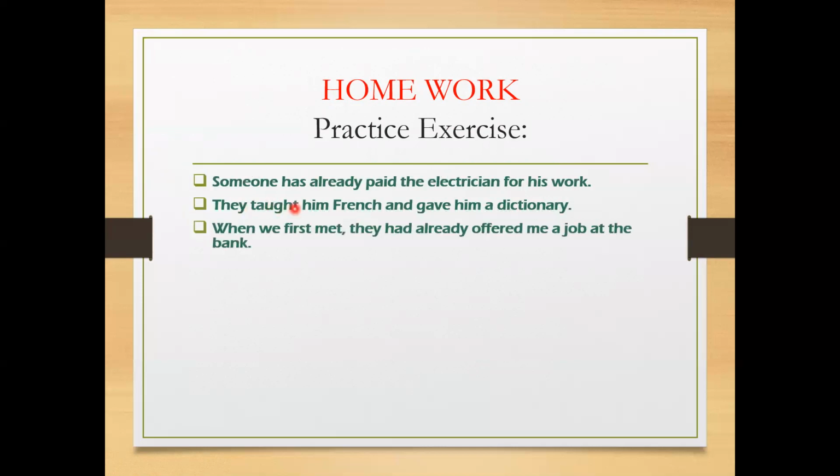Number one, someone has already paid the electrician for his work. Number two, they taught him French and gave him a dictionary. Number three, when we first met, they had already offered me a job at the bank. Number four, a man requested the stranger to leave the meeting.